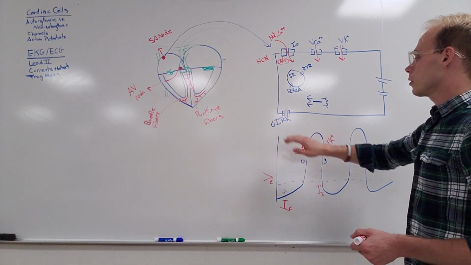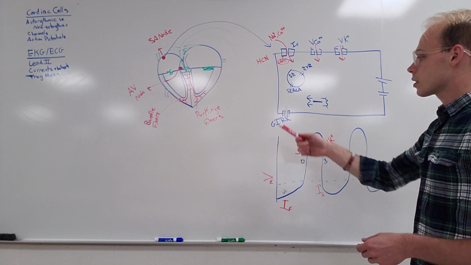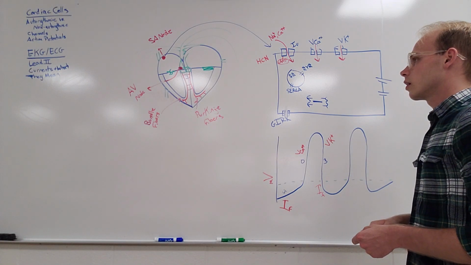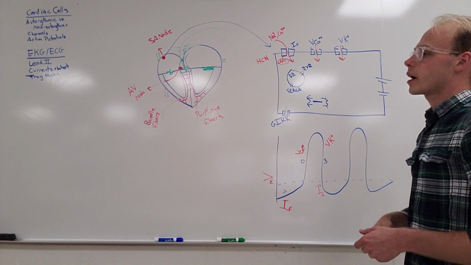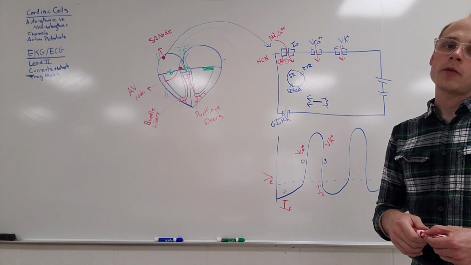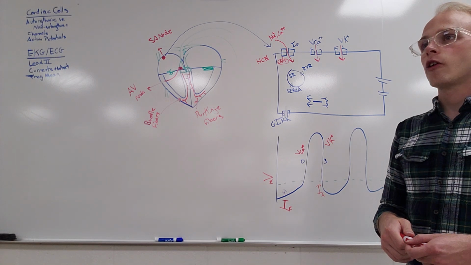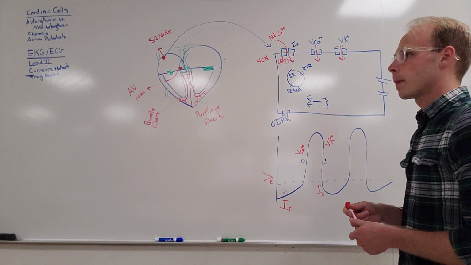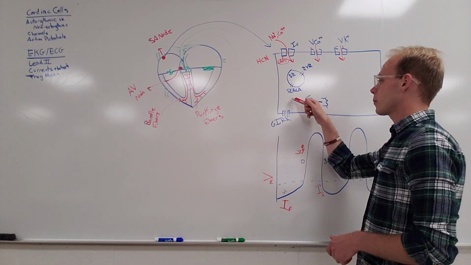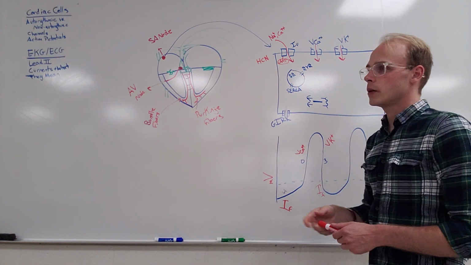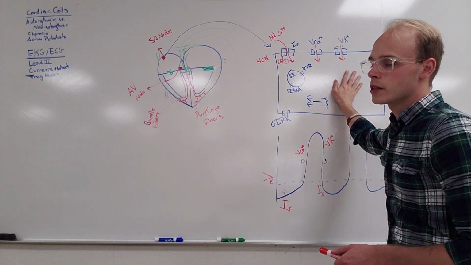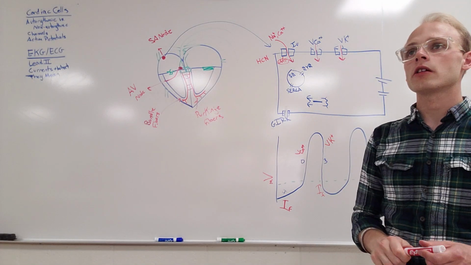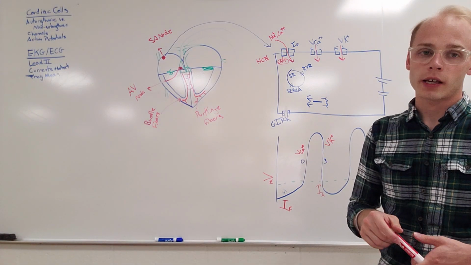This GIRK channel is important. This is a G protein inward rectifying potassium channel, which is a really fun name for just some kind of potassium channel that will let potassium in or out, depending on the state of the cell. The GIRK channel is largely used with parasympathetic innervation.